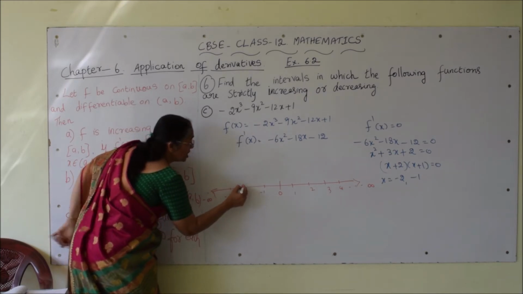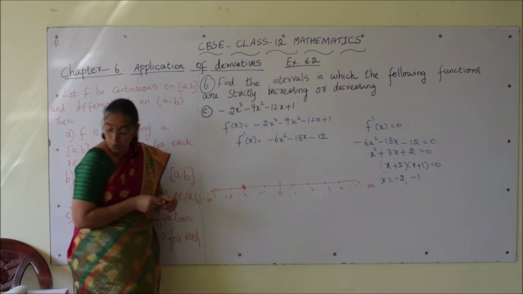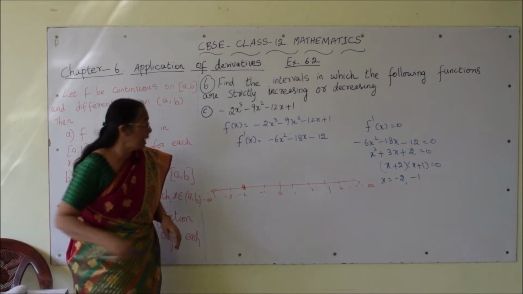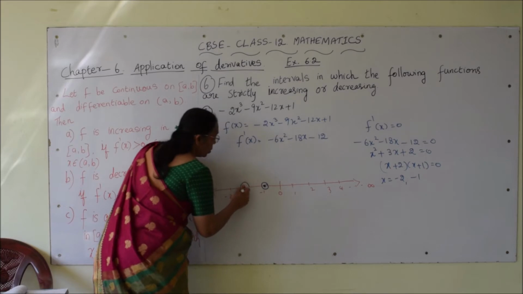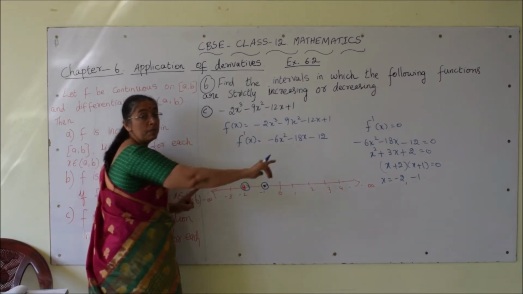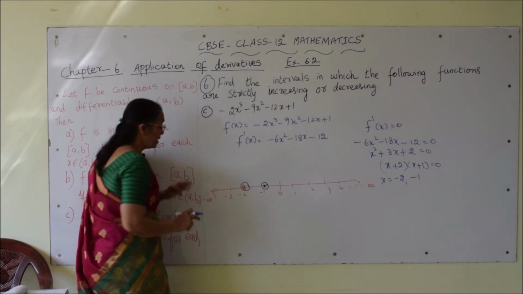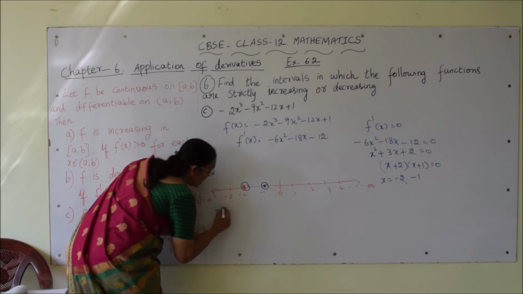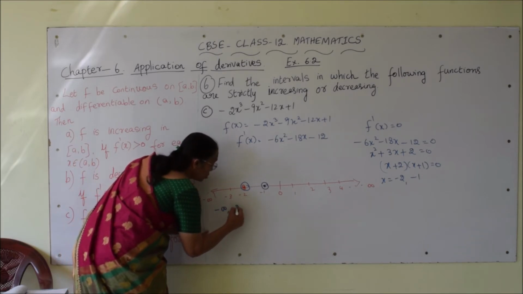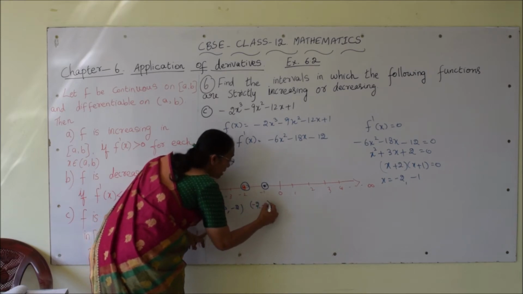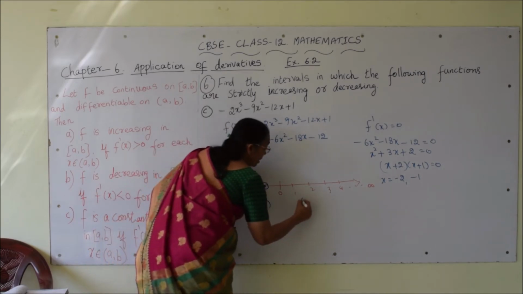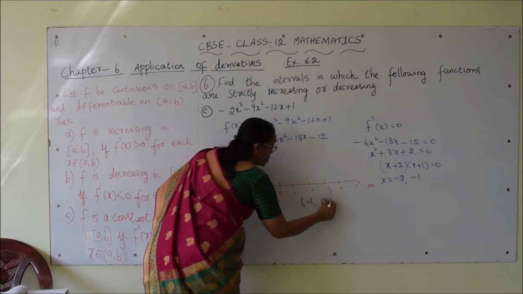So, the function is taking one turn at minus 2 and again another turn at negative 1. So, the whole number system is divided into 3 intervals. One is minus infinity to minus 2, another interval minus 2 comma minus 1, and the third interval minus 1 comma positive infinity.